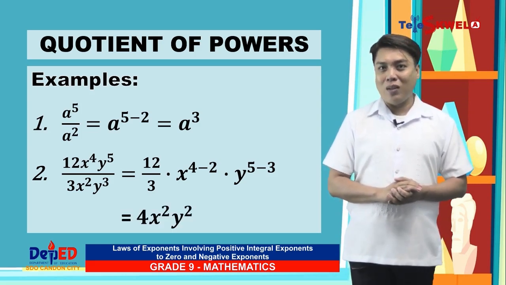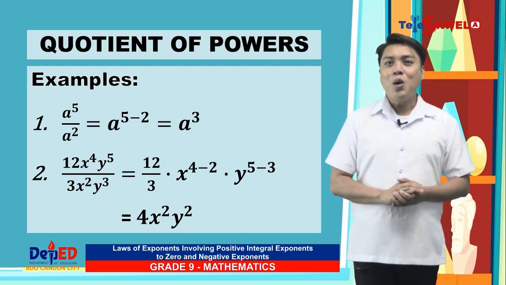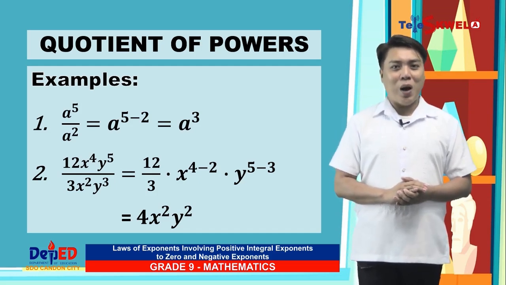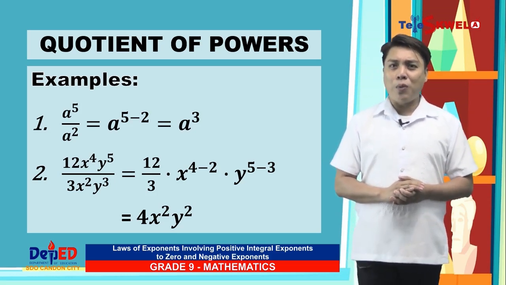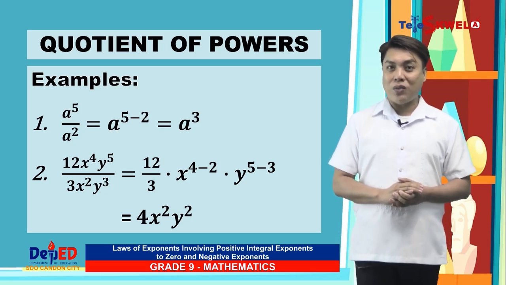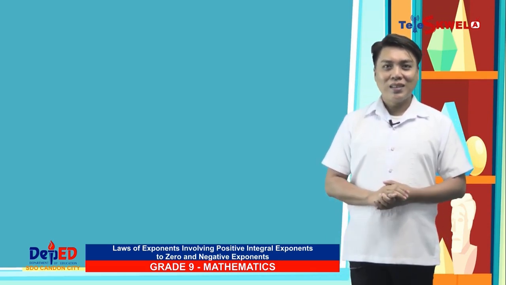And that is equal to 4x raised to the second power, y raised to the second power. Therefore, in applying quotient of powers, divide or simplify the numerical coefficient first. Then, to divide the powers that have the same base, exponents are subtracted.